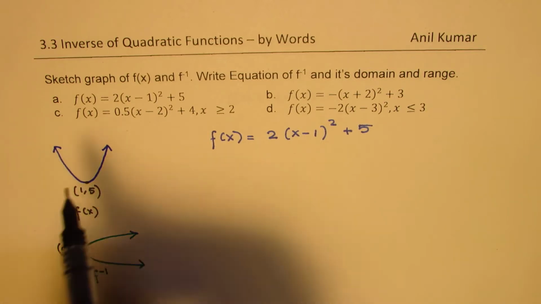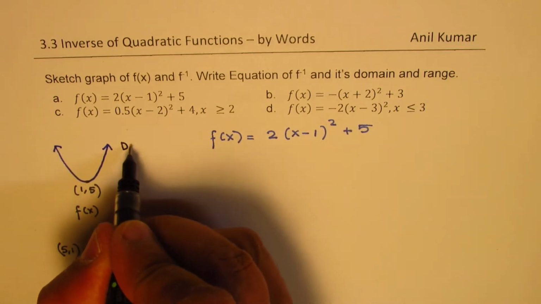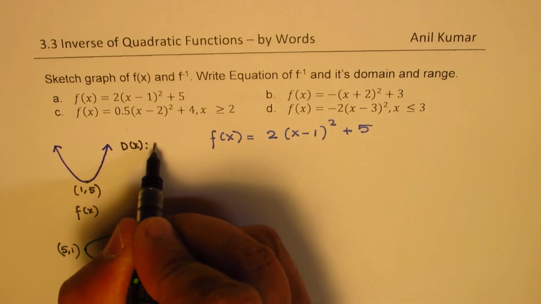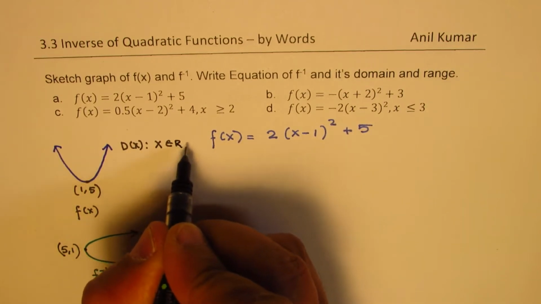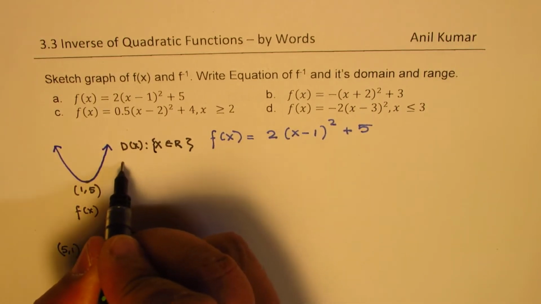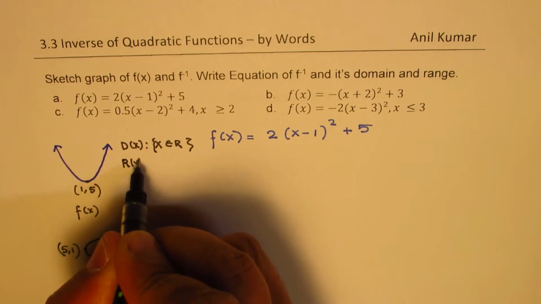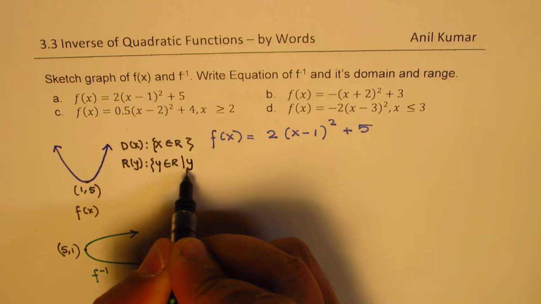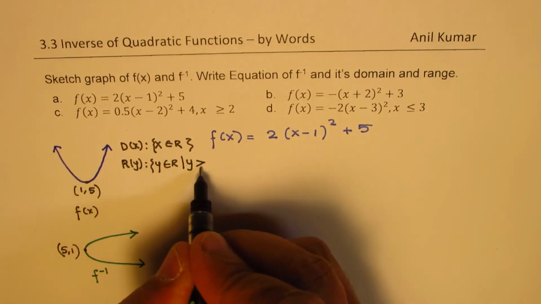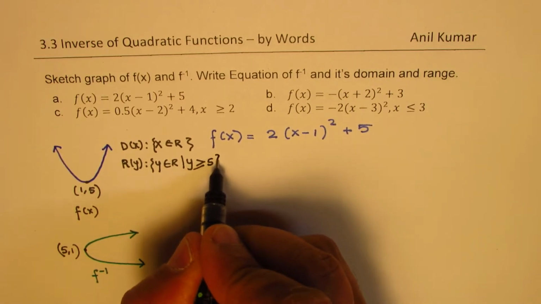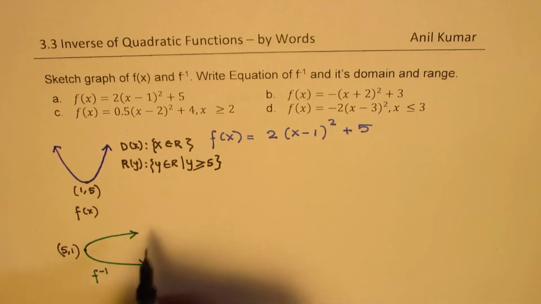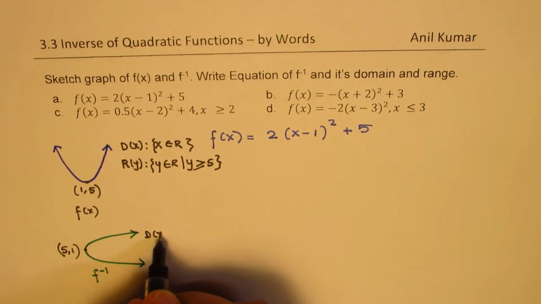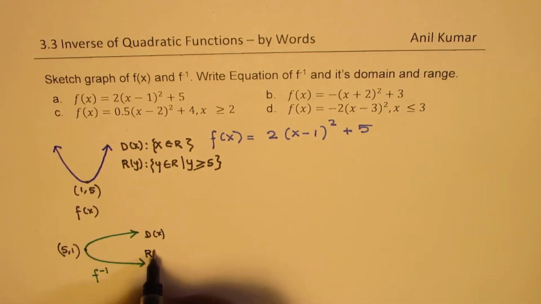Now, as far as the domain and range is concerned, the domain here is x belongs to real numbers. Range is y belongs to real numbers, where y is greater than or equal to 5, right? In this case, the domain and range will swap, correct?